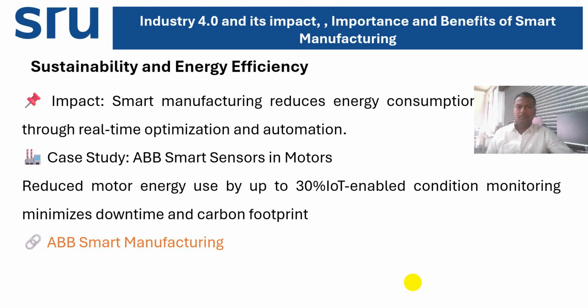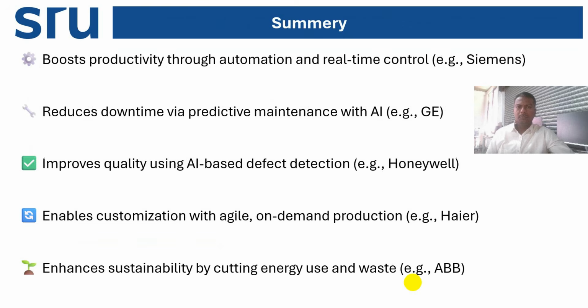ABB adopted smart sensors and motors, which are able to reduce the motor's energy use, and used IoT devices to predict machine failure by using condition monitoring techniques. It is also used to minimize downtime and the carbon footprints that are generally generated during the manufacturing process.